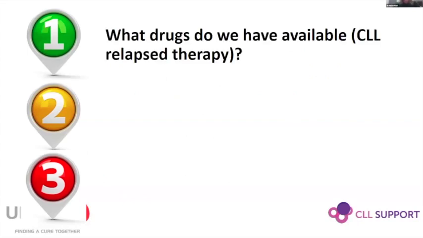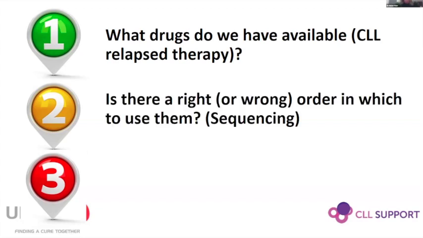I'm going to try and take you through three main focuses. First of all, what drugs do we have available? When we're thinking about relapsed CLL, what could we use? There'll be a lot of overlap here with what Nick's already talked about in terms of what we have available in treatment-naive CLL patients, but with a few minor things to bear in mind in the relapse setting.